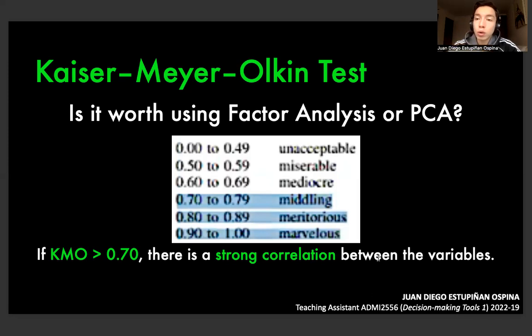So whenever a data set has a KMO higher than 0.7, then there is a strong correlation between the variables. So it will be useful to implement factor analysis or principal component analysis. Now I'm going to go to Stata.